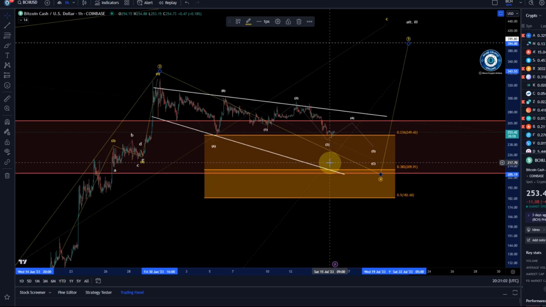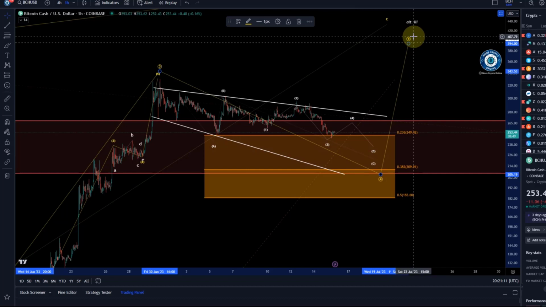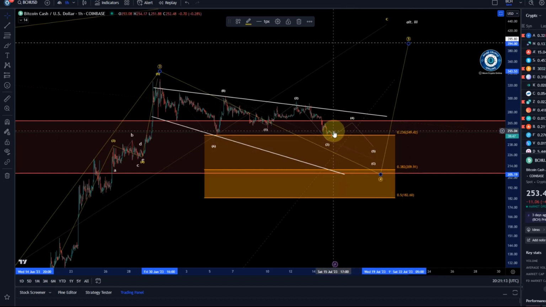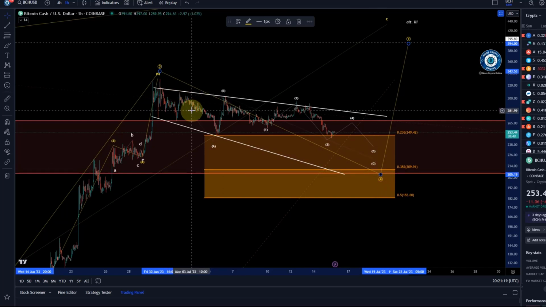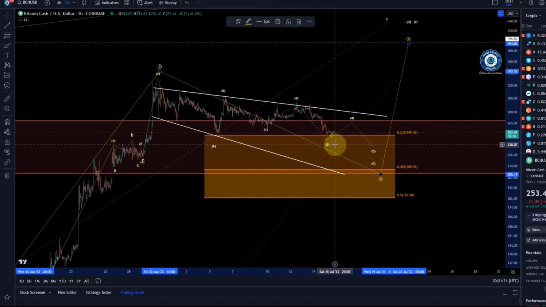Again, if price breaks above the descending broadening wedge on the chart, then we are probably already in the 5th wave. But until a breakout occurs, the next target to the downside would be 210. And it seems like the short-term trend is down here as well.